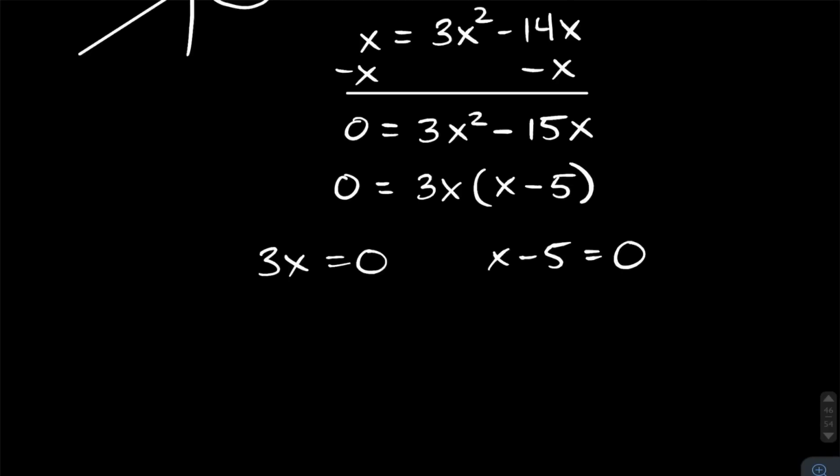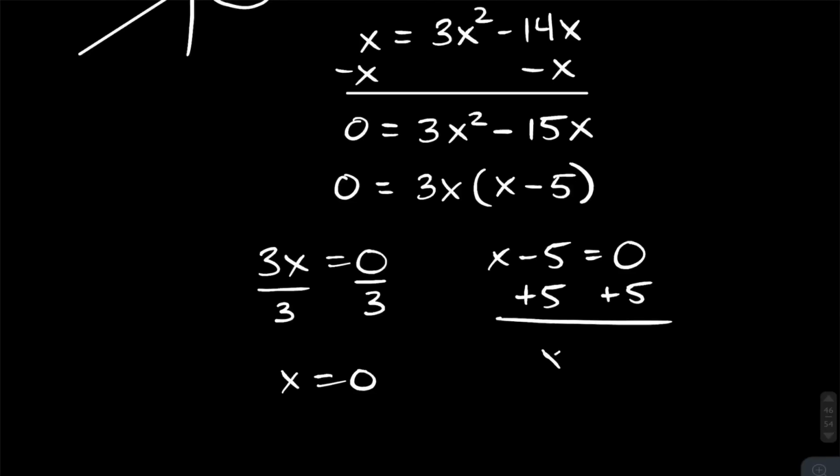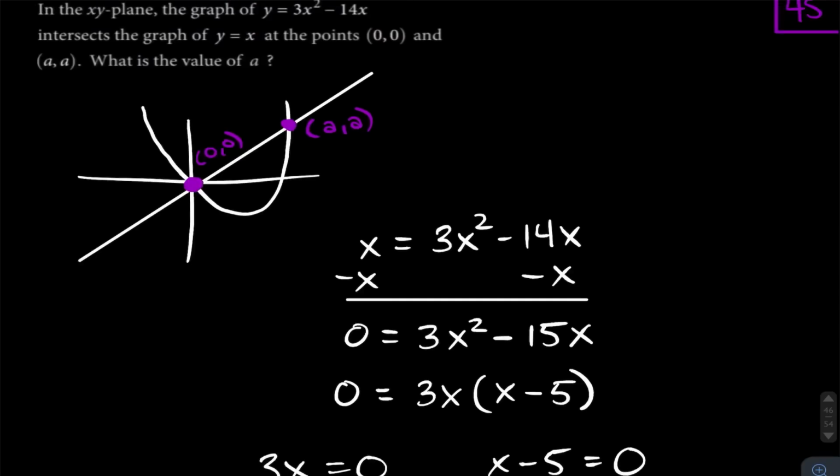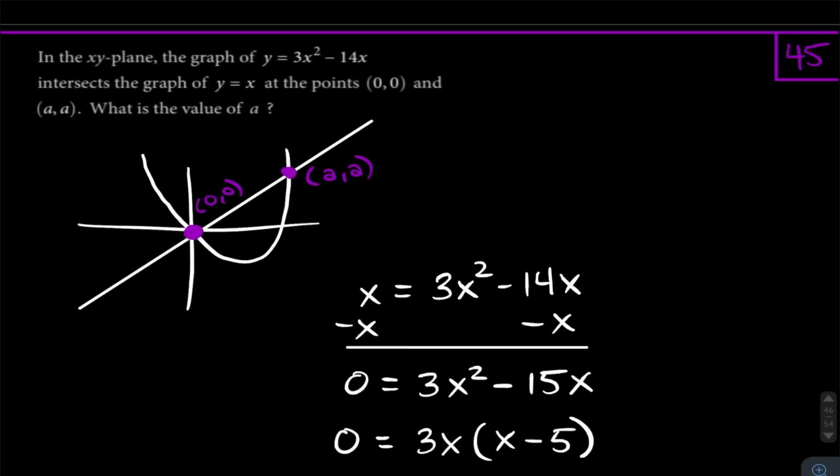So anyways, we can divide by 3 on both sides to see that x would have to equal 0. We can add 5 on both sides to see that x would have to equal 5, and those are the two places. So we know that that makes sense, right? The x equals 0 is good because we know that that is one of the solutions. But we also get x equals 5, and so 5 is going to be this x coordinate, right?